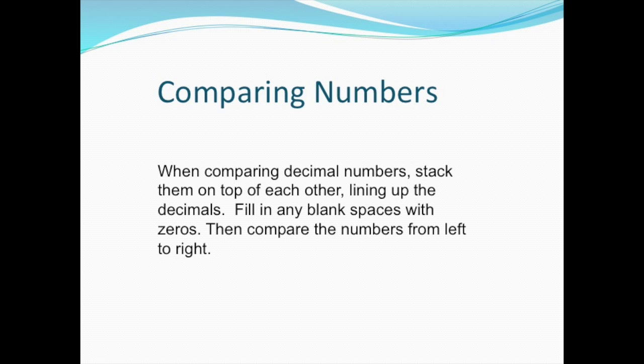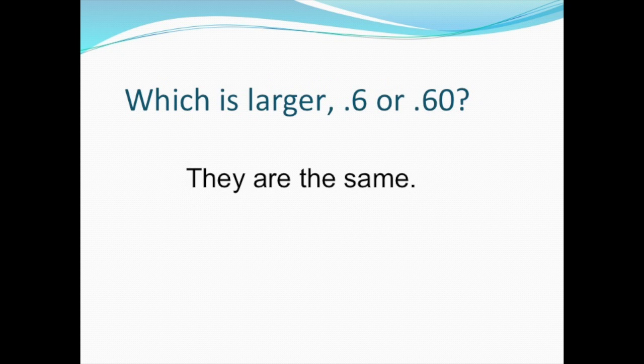Comparing numbers. When comparing decimal numbers, stack them on top of each other, lining up the decimals. Fill in any blank spaces with zeros. Then compare the numbers from left to right. Which is larger, 0.6 or 0.60? Of course, they're the same.